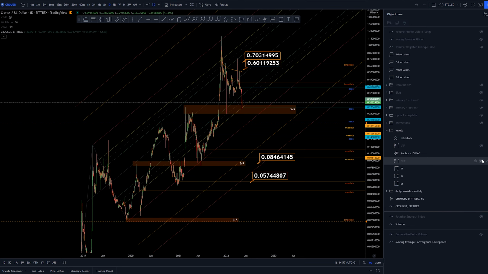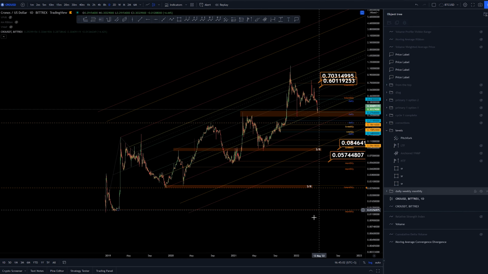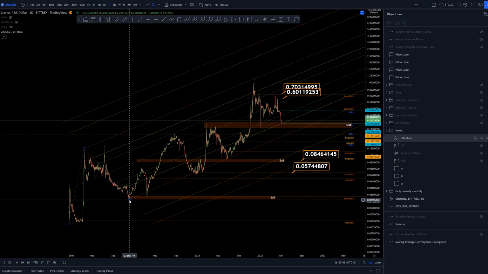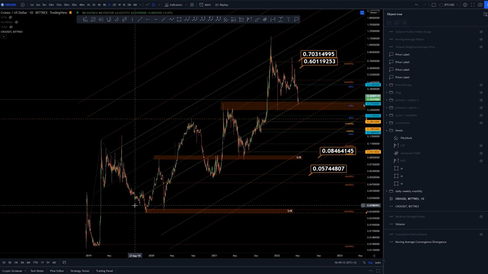Now on higher time frame we can see this nice looking pitchfork. This is placed from the start of the coin around December 18th to the highs here at March 19th to the low of December 19th. We can see some nice confluence around these areas.